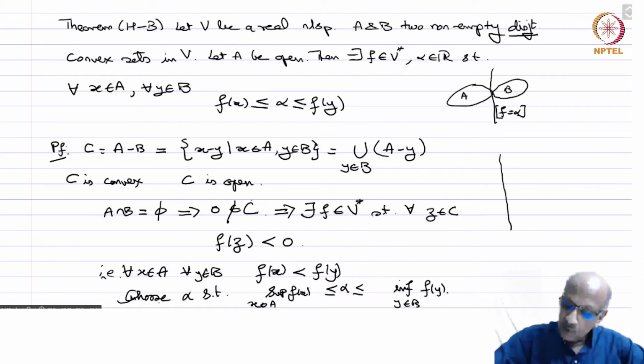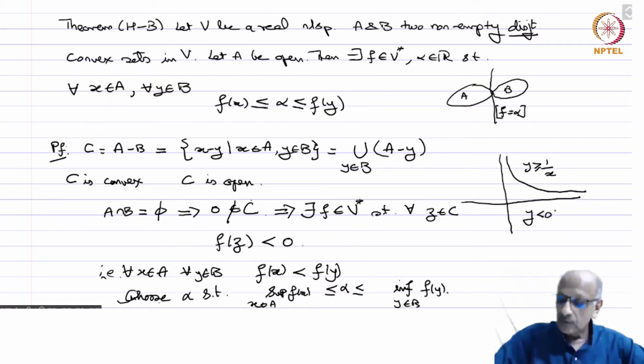For instance, in R2, suppose I have the set, take this rectangular hyperbola. So you take y bigger than or equal to 1 by x. So that is one set, and then the other set is y less than or equal to 0. So that is the lower half plane.